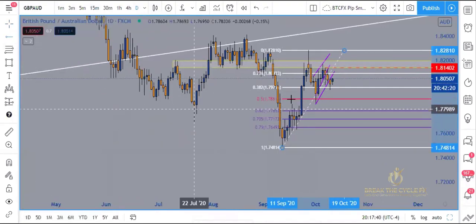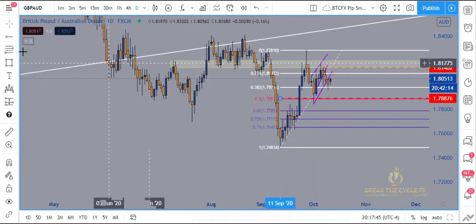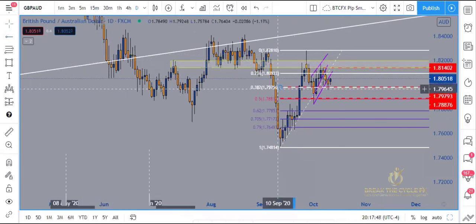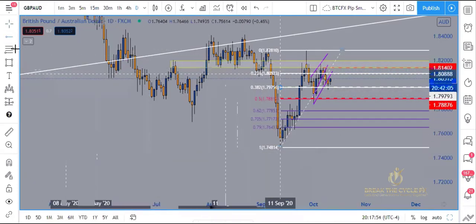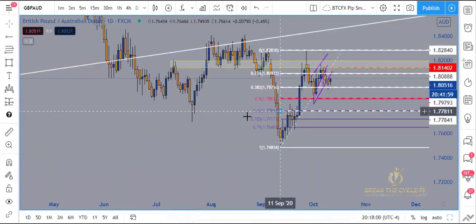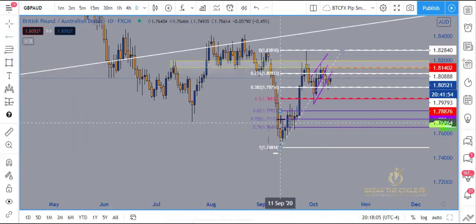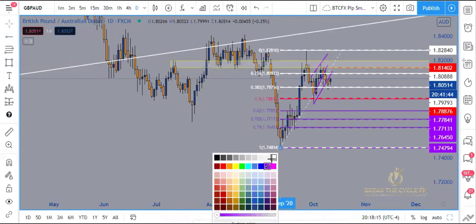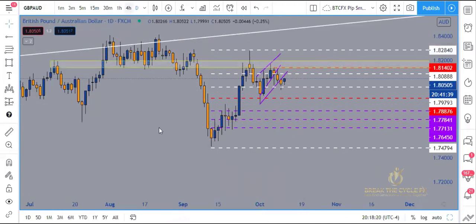Mark off some levels real quick. Daily 50. All right. So mark off a couple levels real quick, guys, so I can remove this fib. See if this makes it any better. Go down to the 4 hour.